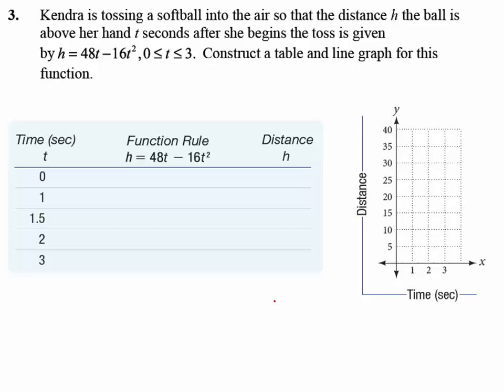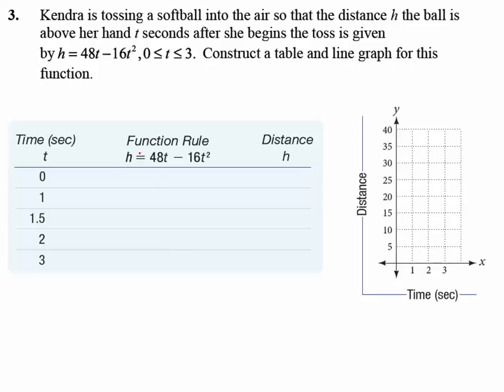So Kendra tosses a softball into the air so that the distance h, the ball is above her hand, in terms of seconds after she begins the toss, is given by 48t minus 16t squared. Our domain is just from 0 to 3 seconds.